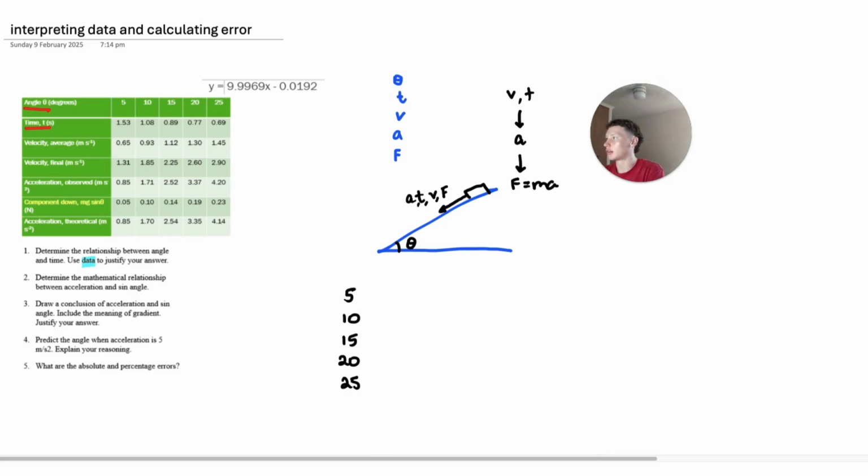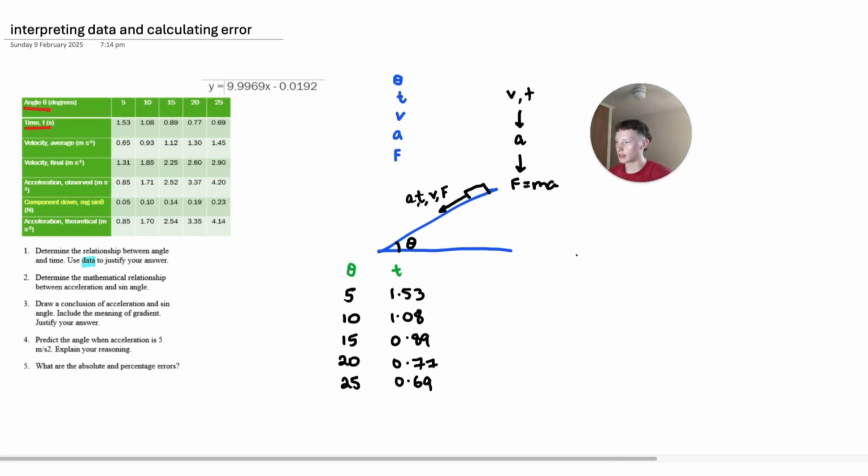down a different color. Our times then just go 1.53, 1.08, 0.89, 0.77, 0.69.